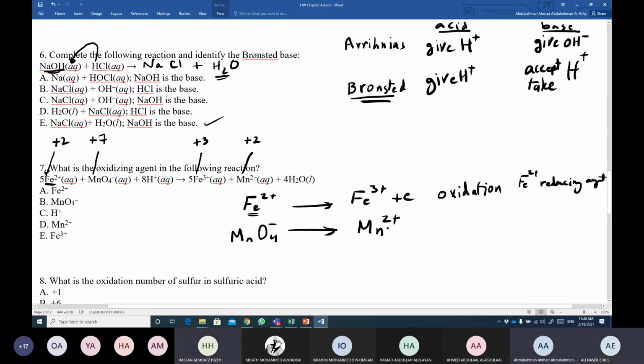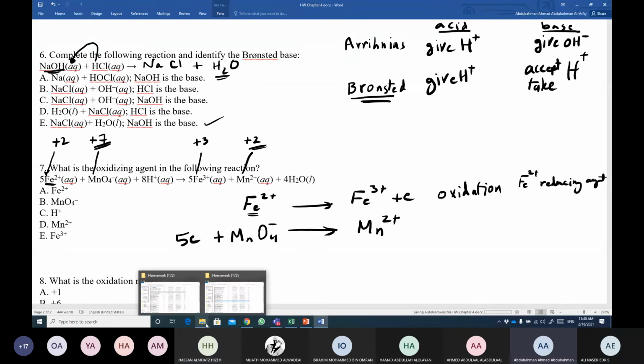Where should we put the electrons? In the reactants. How many electrons should I put? 5 electrons. Why 5? Because it's 7 to 2, to balance the electrons. 7 to 2, 5. Good. So it's now balanced.